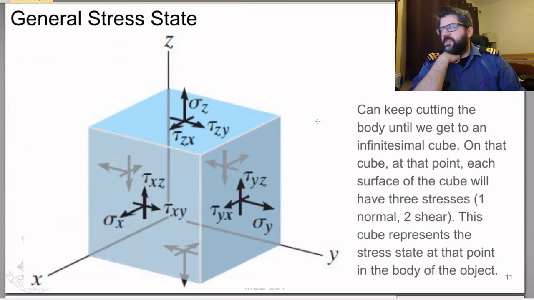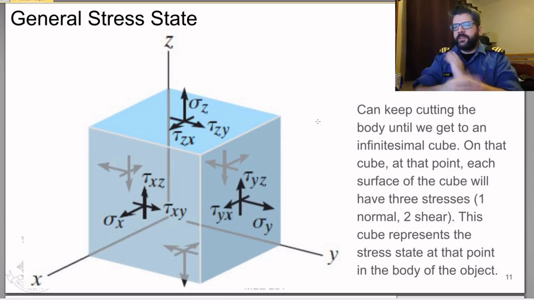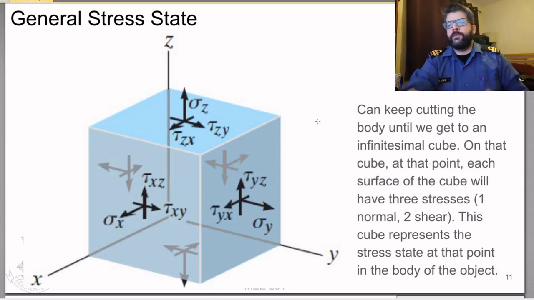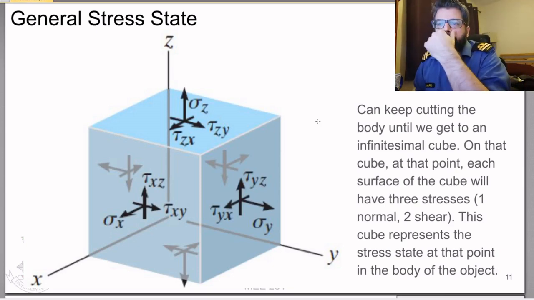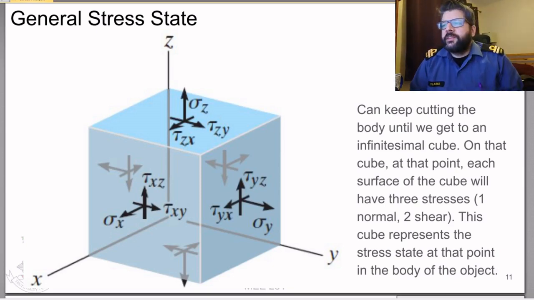So in general, again, we can take our body and slice it up, and slice it up until we get a tiny little infinitesimal cube. And since we have this cube, it's going to have six faces, but we can define the stress state on those faces.